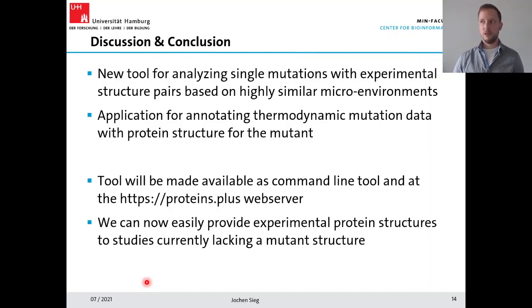In every scenario where mutations are important and where experimental structures of wild type and mutant can have a benefit. Our tool will be made available as a command line tool and at our web server, the Proteins Plus. And finally, all in all, I hope that we can now, with our tool, more easily provide experimental structures to studies currently lacking in mutant structure.